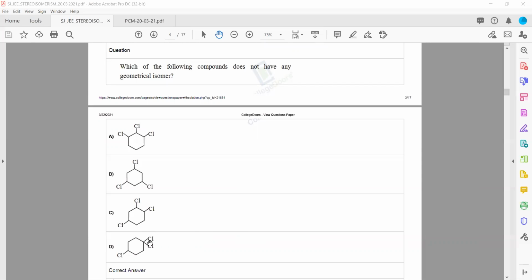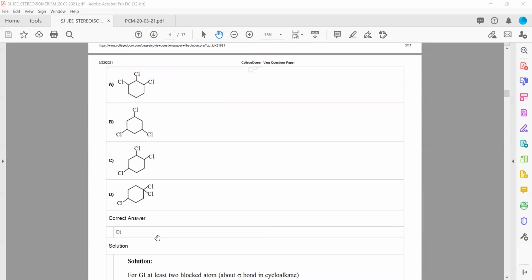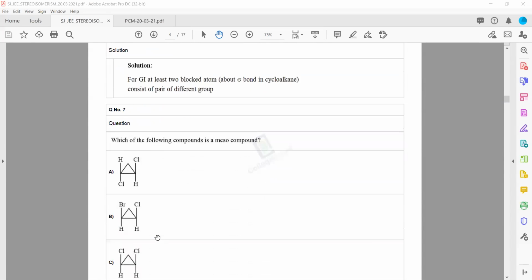If a GI is to be possible in a cyclo compound, then the adjacent carbons should have substituents which are different. That is a condition for the GI. Because whether you see the two chlorines up-down or down-up, it is not going to make any difference in the spatial orientation. So D will not have any GI.